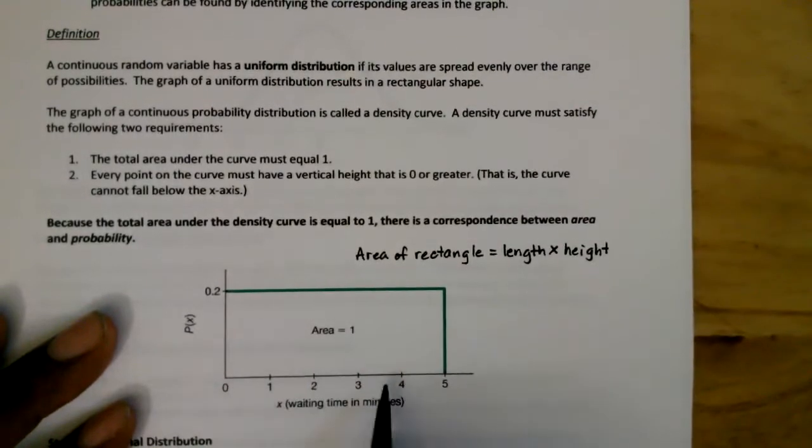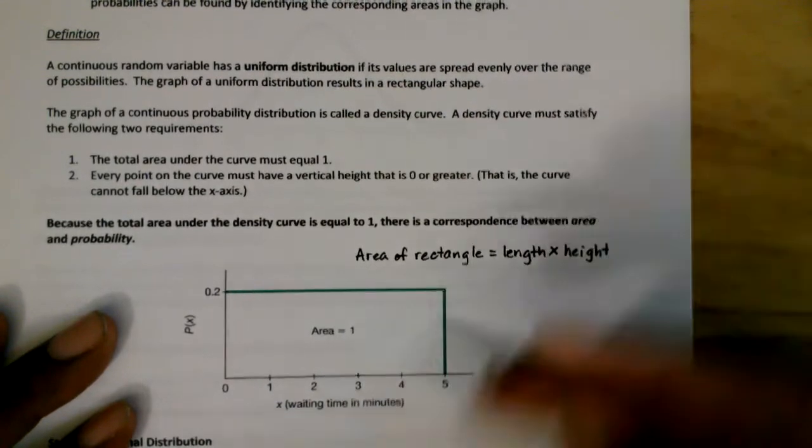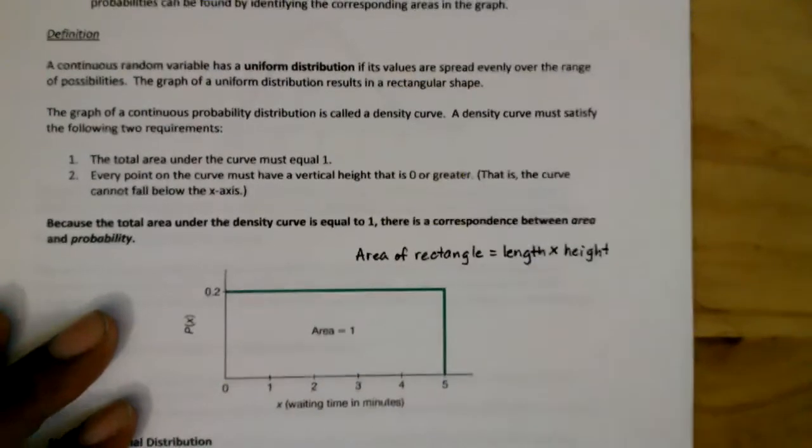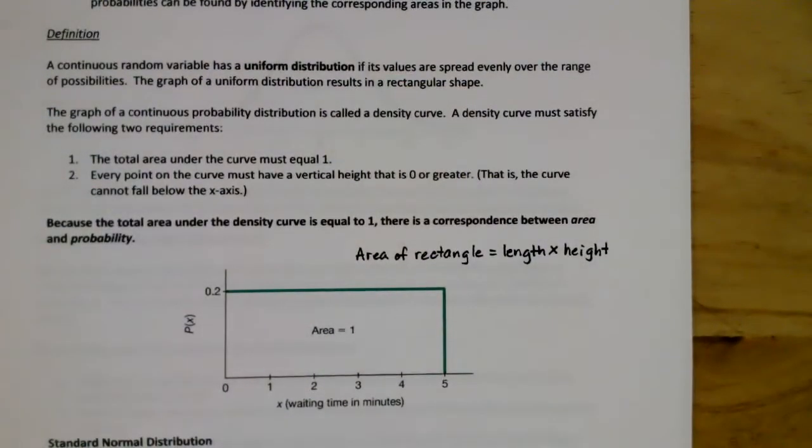And that's your length here, which is going to be, in this case, for example, the waiting time in minutes. And then the height represents the probability of X. So that's just a basic introduction of what a uniform distribution is.